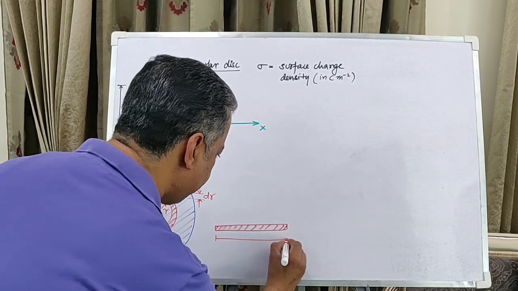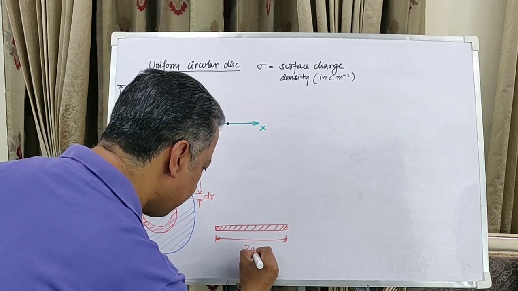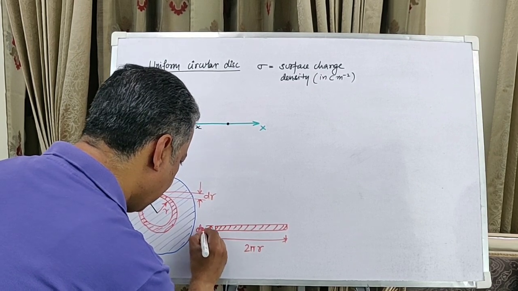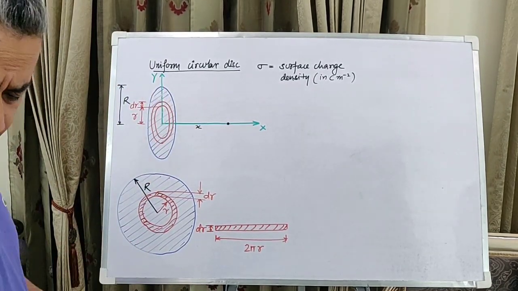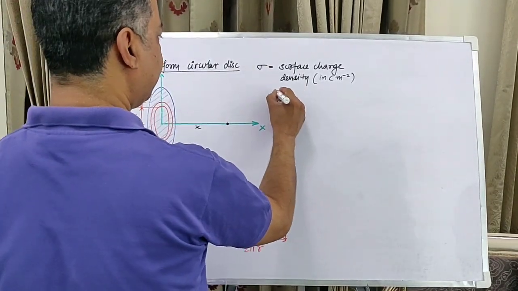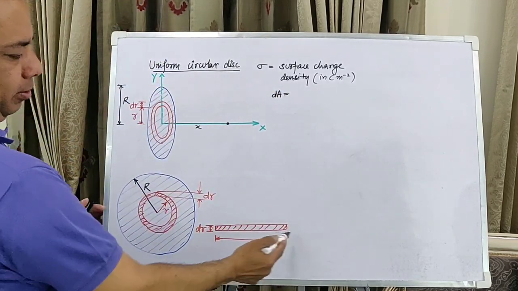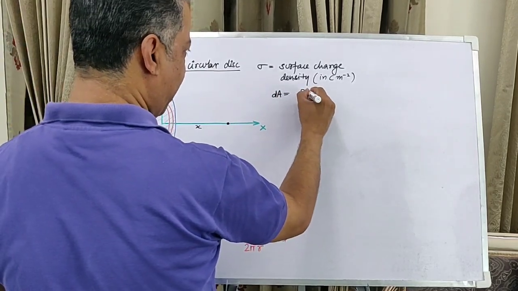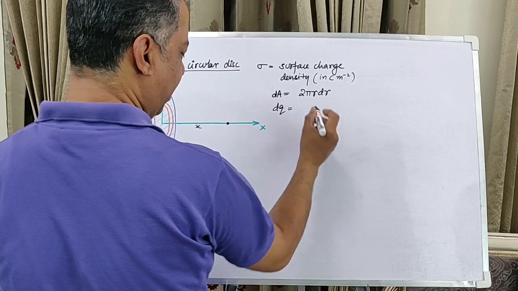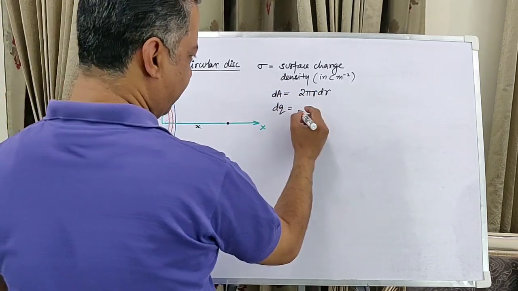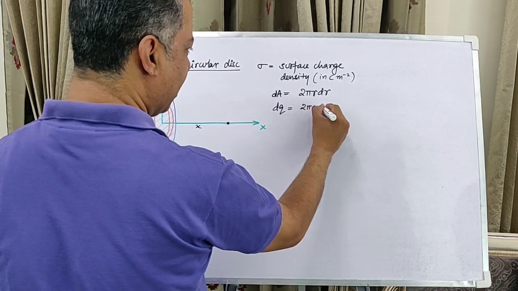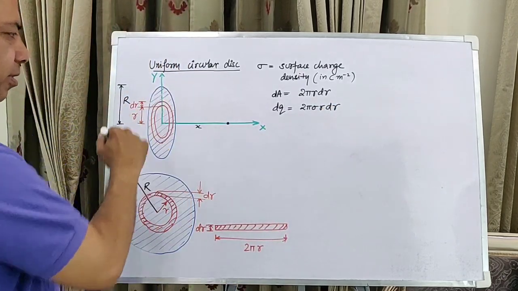It has a length 2 pi r and a width dr. The area of this ring element, dA, equals, this is a rectangle, so the area will be 2 pi r into dr, and the charge dq on it will be sigma times the area. Charge per unit area times the area gives you charge, so 2 pi sigma r dr. That's the charge on the ring.